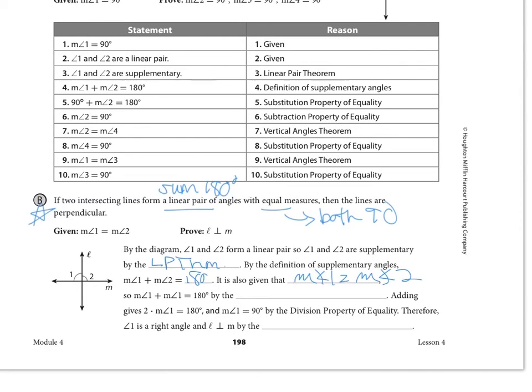And again, remember that's our given, so that can go right into our proof without much reason other than just saying it's given. So that's measure of angle 1 plus measure of angle 1, because these two are the same thing, and that's going to equal 180. That's the substitution property.